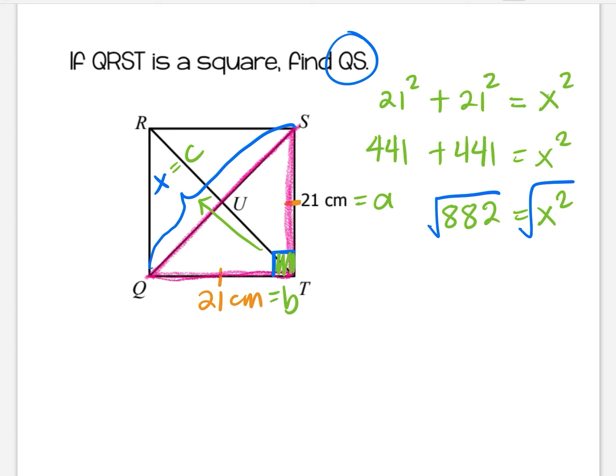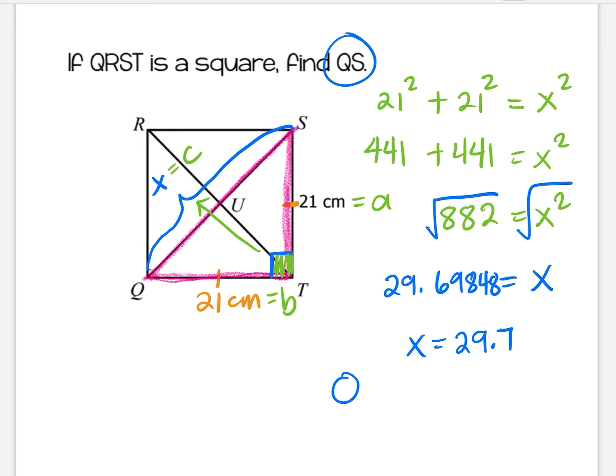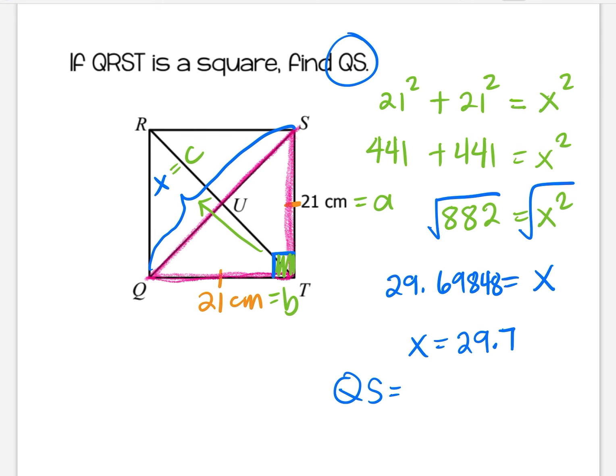Let's use tens place. So X is equal to 29.69848. If we use tens place, X is equal to 29.7. So in this case, QS is equal to 29.7 centimeters.